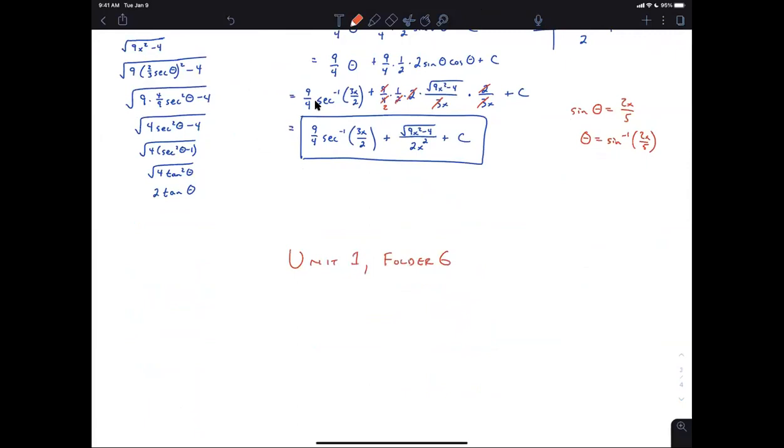The first file is called Trigonometric Substitution, and the second file is the solutions to that. So you have worked out solutions. I want to show it to you real quick.